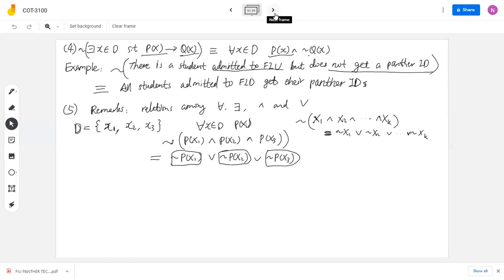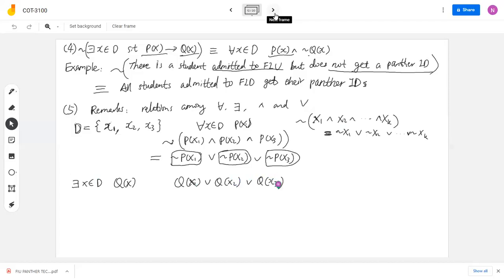Similarly, if we say there exists x in D such that Qx, this is nothing but Qx1 or Qx2 or Qx3.